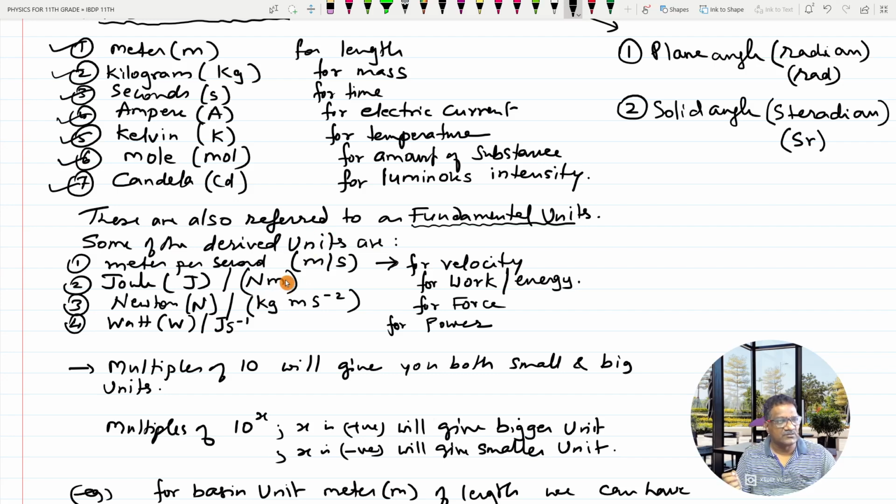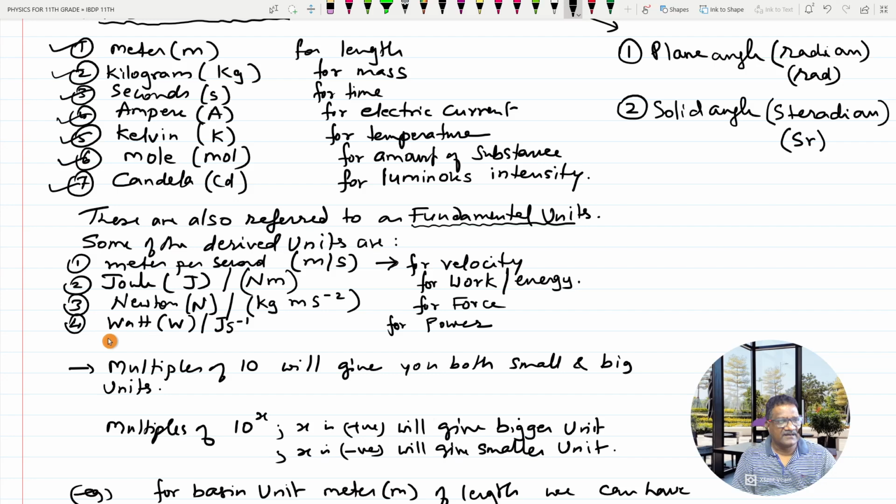So joule is totally a derived quantity. Now Newton is also a derived quantity because Newton is derived from kg, meter and second raised to minus 2. Newton is the unit of force. So force is a derived quantity, and its unit, Newton, is also a derived unit.